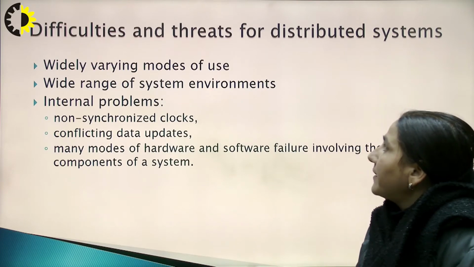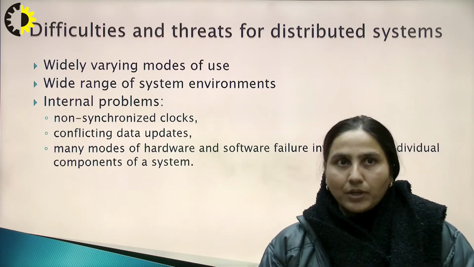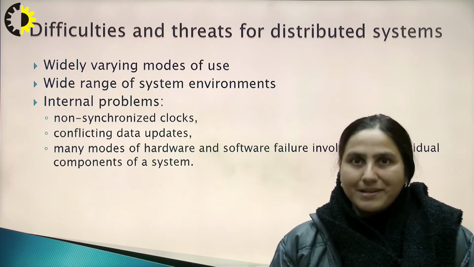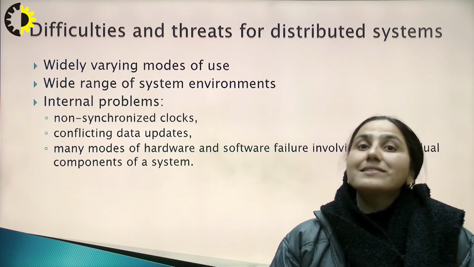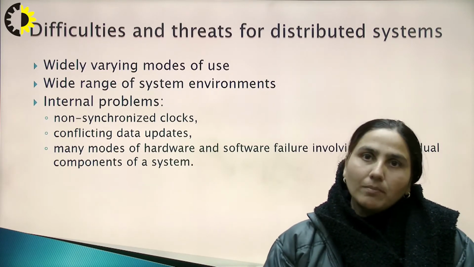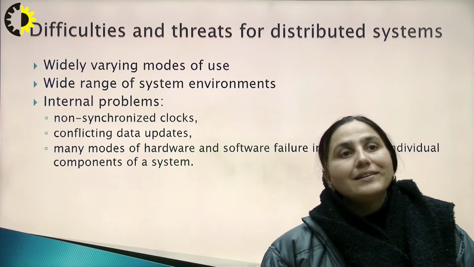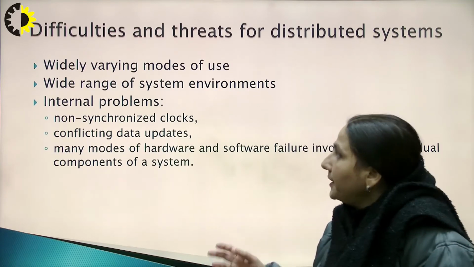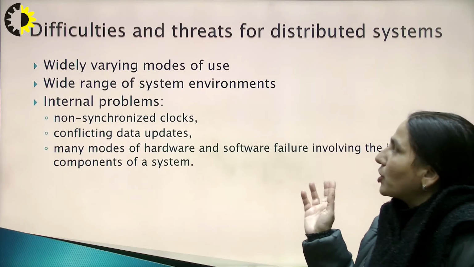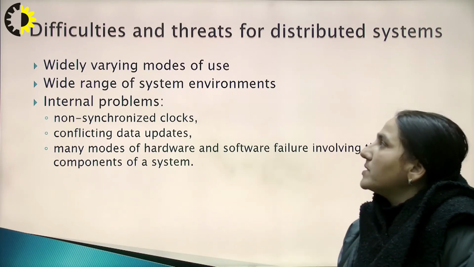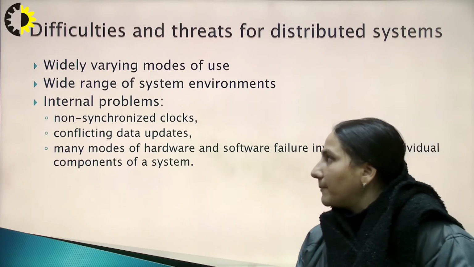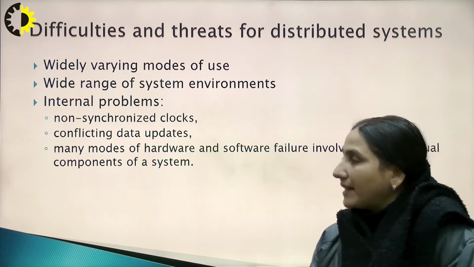Second is the wide range of system environments. We have different system environments in distributed systems. Next are the internal problems. What are the internal problems? First is the non-synchronized clocks. As we are already aware, we have non-synchronized clocks in distributed systems. Next is conflicting data updates.